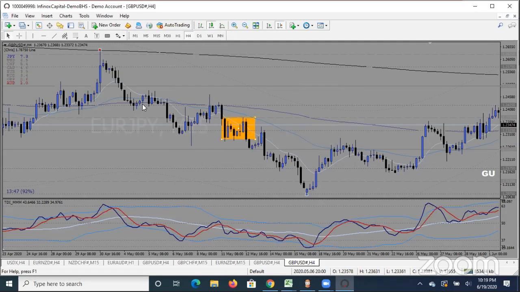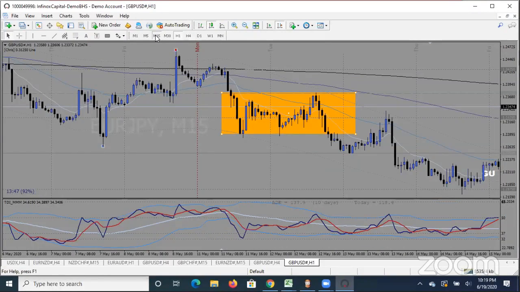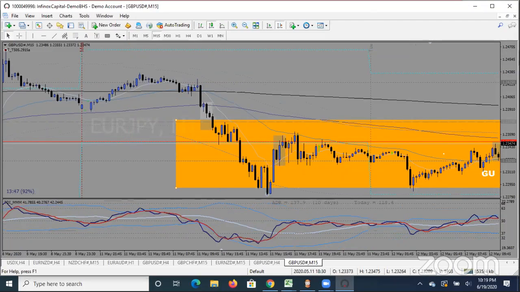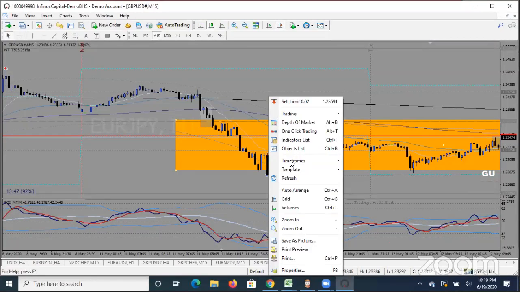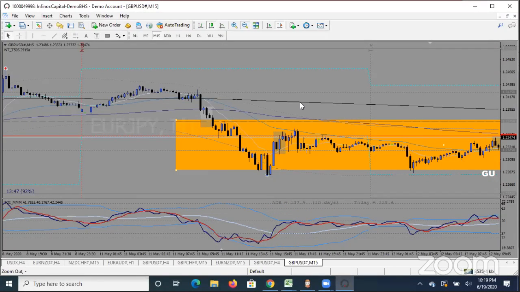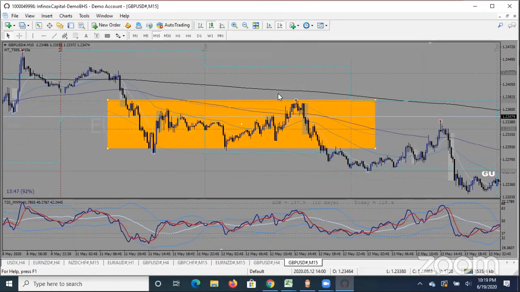and I drop down to 15 minutes, I want to see this area here take out liquidity, right? Now, this was yesterday's low.